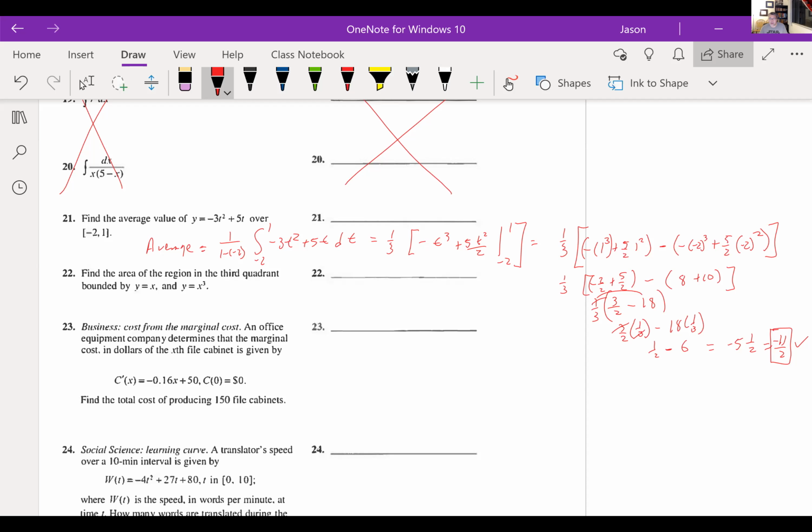Another one is solving a business application. One uses the properties of definite integrals to find a definite integral. And then three use substitution. So that's about it. There are 10. Just make sure that you show all of your work, okay? Because your work will be graded.